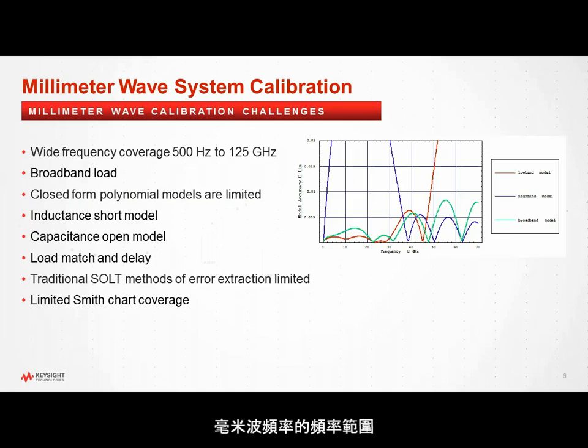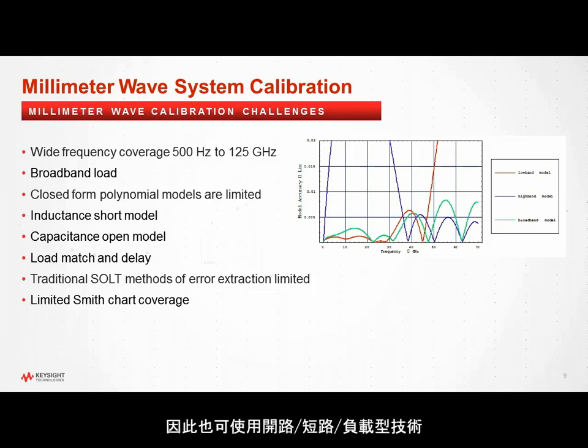When you're looking at calibrating at millimeter wave frequencies, the frequency ranges are pretty wide. Look at this, it's about 500 hertz to 125 gigahertz. The challenge with that is trying to get a broad enough broadband load. You could use closed form polynomial models to describe your devices, and you could use an open short load type of technique.